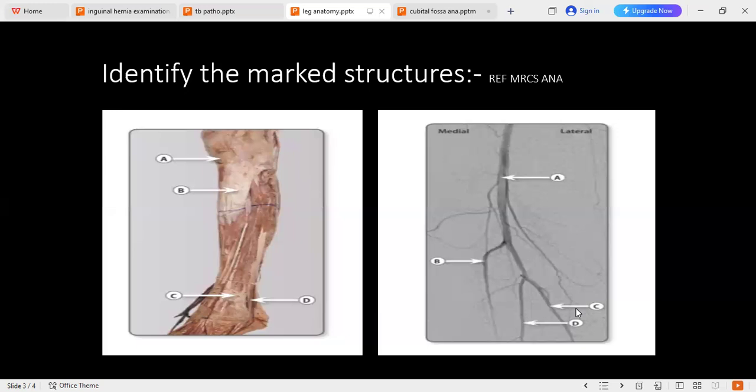Okay, and now here is one structure, this strap kind of. Please identify the structure and tell me its attachments. What structure is this?